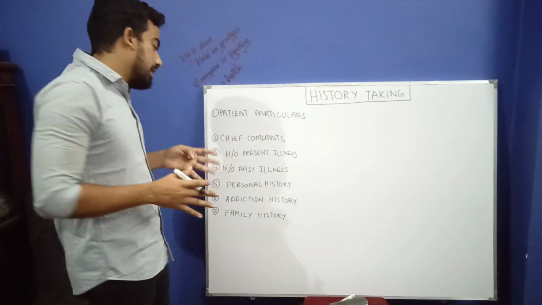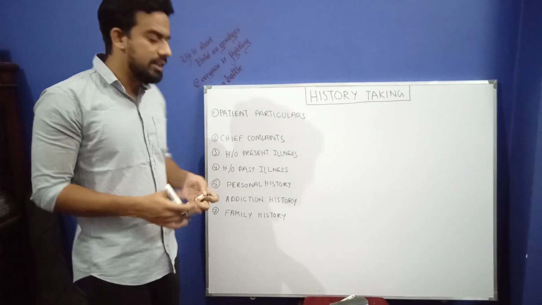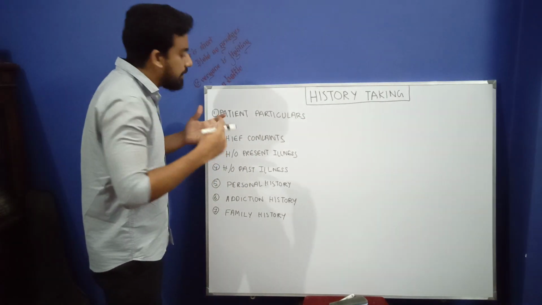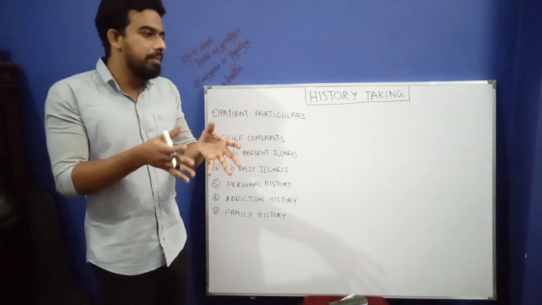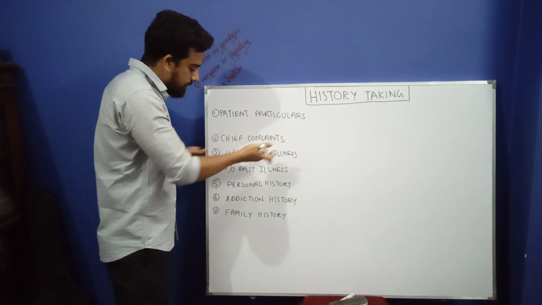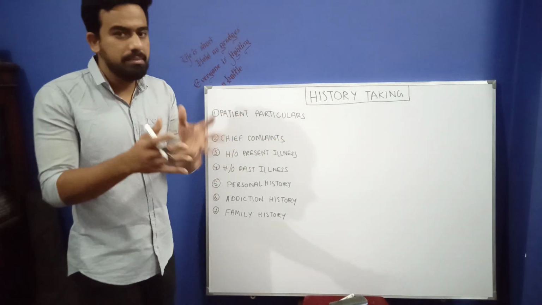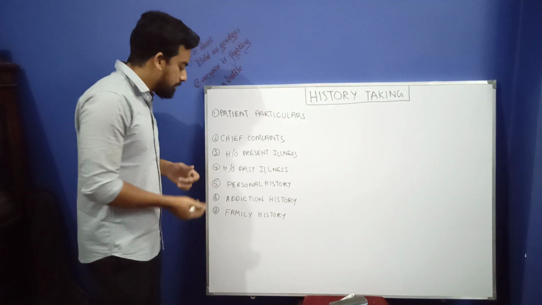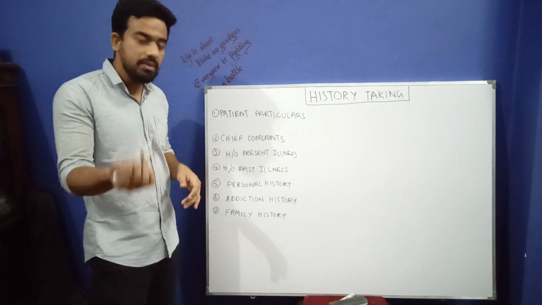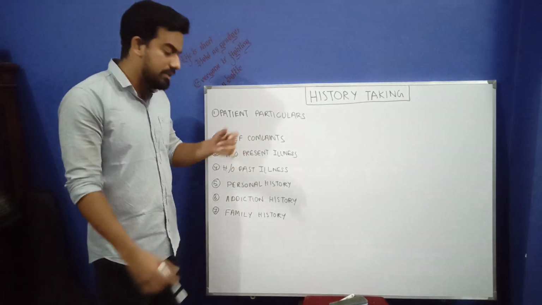Now, when it comes to history taking or anything in the medical field, there are various books out there. Some books might prefer putting one part under history of past illness, for example history of comorbidities, that is sugar, pressure and thyroid. Some books might prefer to put it under personal history.